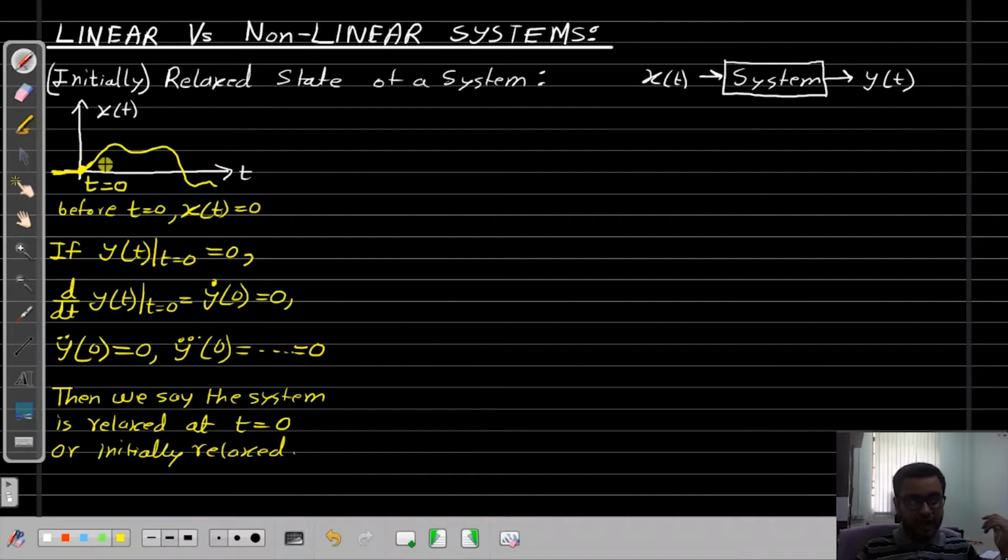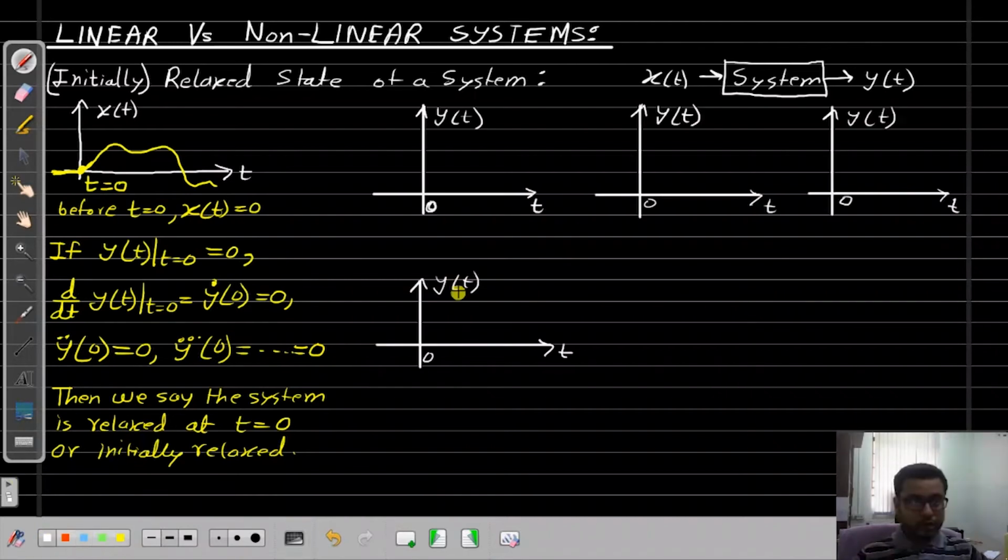Initially meaning that at the moment when the input is started or initiated. Now consider different possibilities. For example, this is how the input looks like.